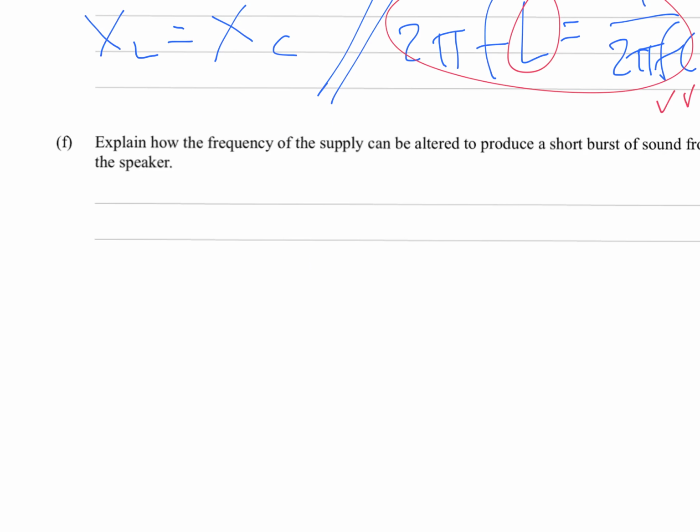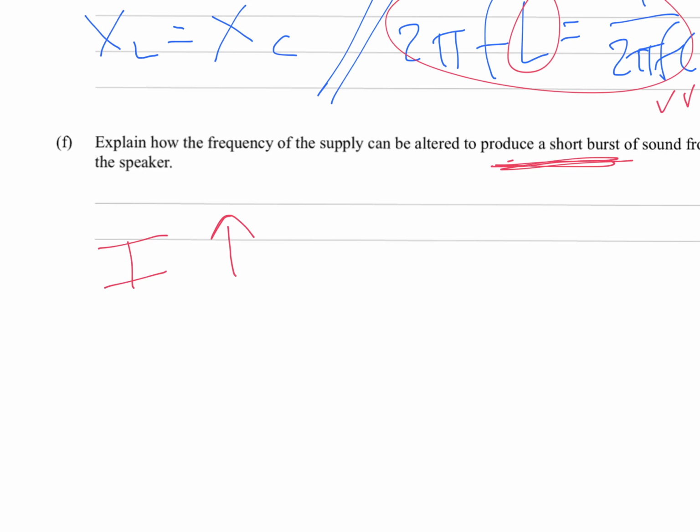F, last part, explain how the frequency of the supply can be altered to produce a burst of sound. So you might have forgotten that the whole point of this question is to look at this short burst of sound through the speaker. A burst of sound will come about when you have a temporary increase in current through the speaker. So we need to get a brief burst of the current.